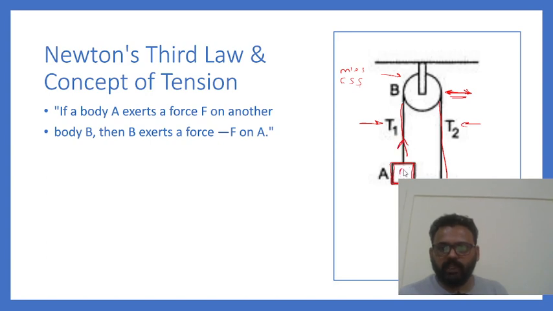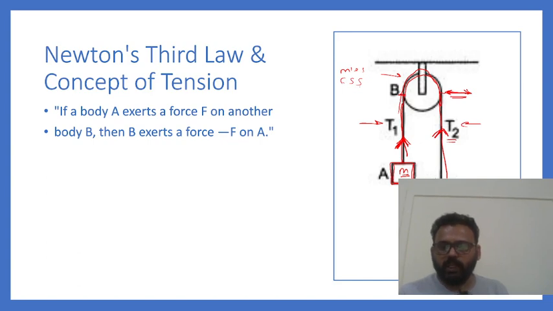If object A has a mass, it will produce a tension in this string, and the direction of the tension produced in the string is like this. So this string is uniform here. After this point, there is a change in the force or tension force. This is T2.